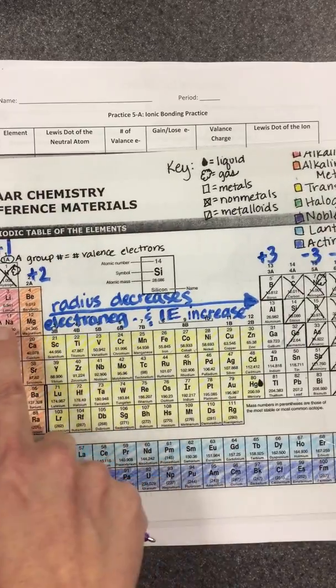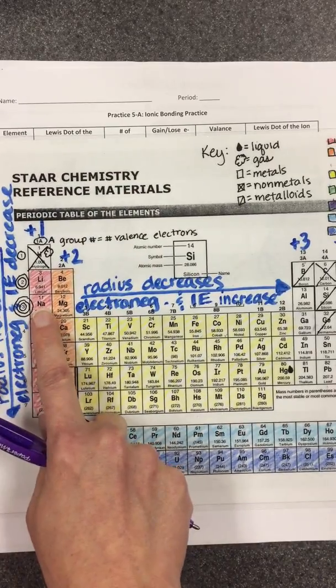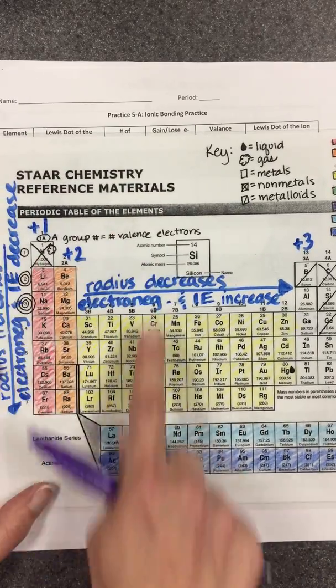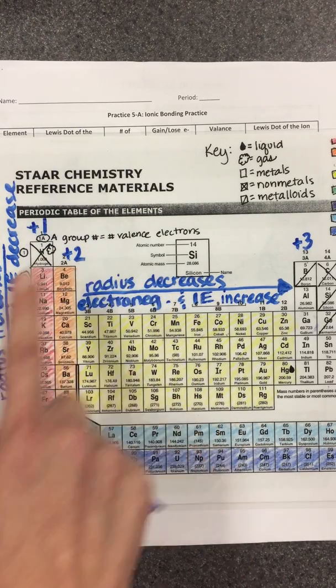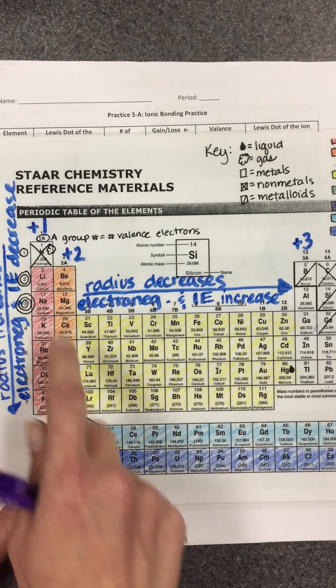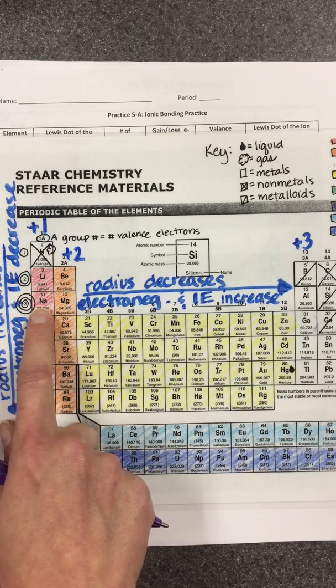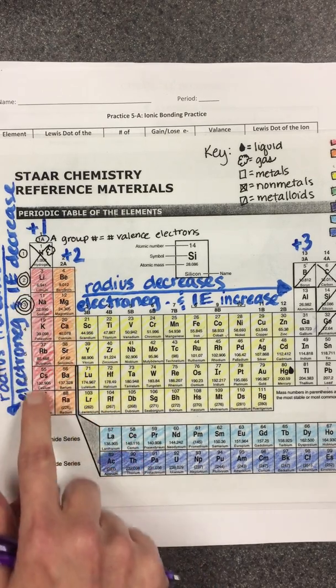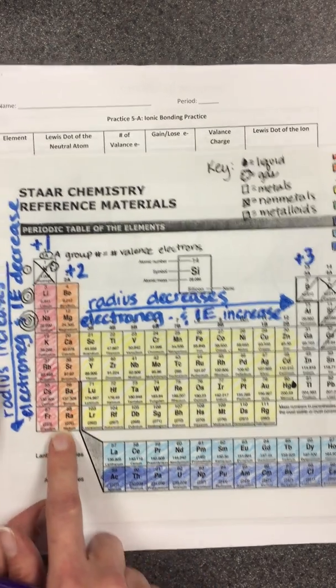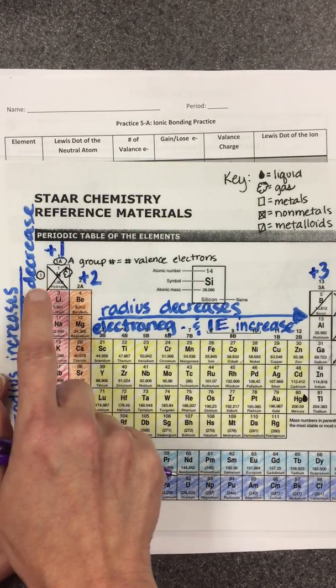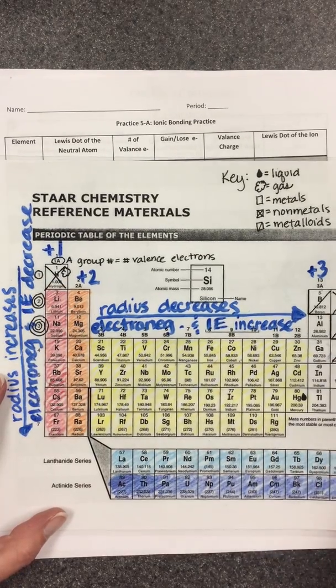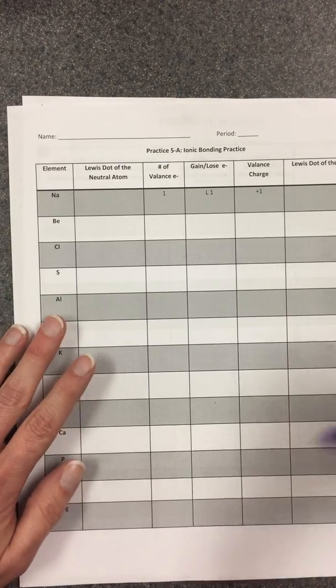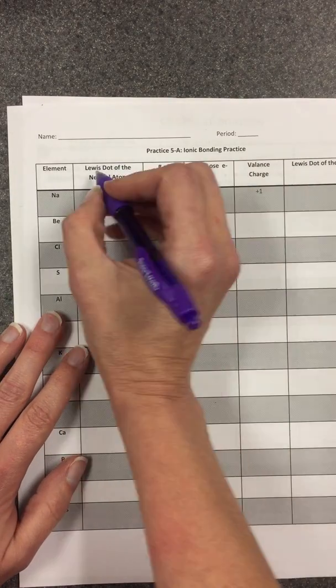Now, since sodium is a metal, and metals tend to be less electronegative because they're on this side of the periodic table, which has fewer protons, sodium is going to lose that electron, okay? And so, just like all of the elements in group 1, sodium usually is going to have a charge of positive 1.